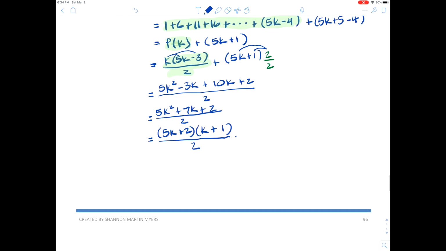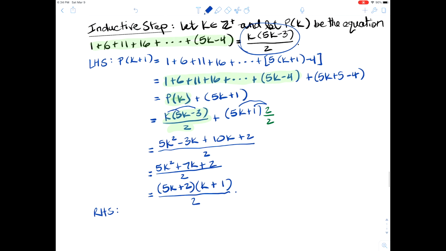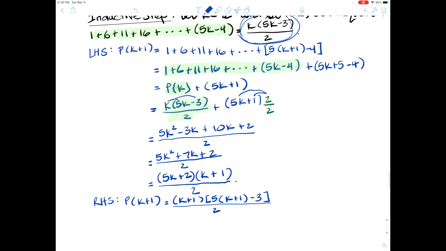All right, so now looking at the right-hand side, right? What will we have? So the right-hand side is what's circled here. And so P at K plus 1 is going to be K plus 1 times (5 times quantity K plus 1 minus 3), all of that over 2.